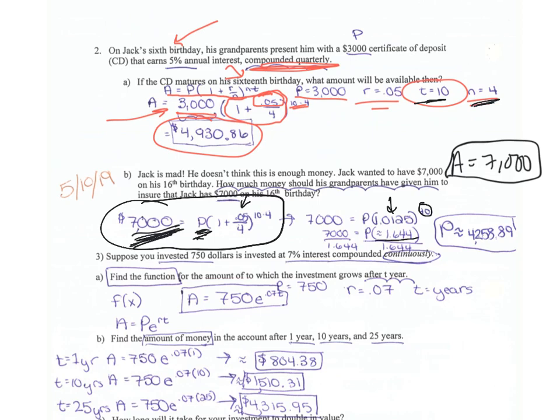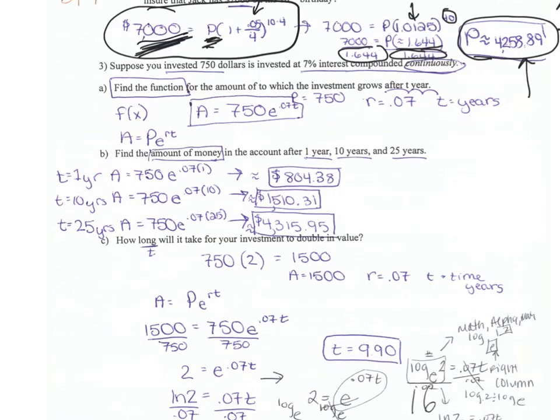If it's P times 1.644, we can divide both sides by 1.644. And 7,000 divided by 1.644 would be 4,258.89. So that means the principal, or the amount his grandparents would have needed to put in initially, would have been $4,258.89 for it to grow to a final amount of 7,000.